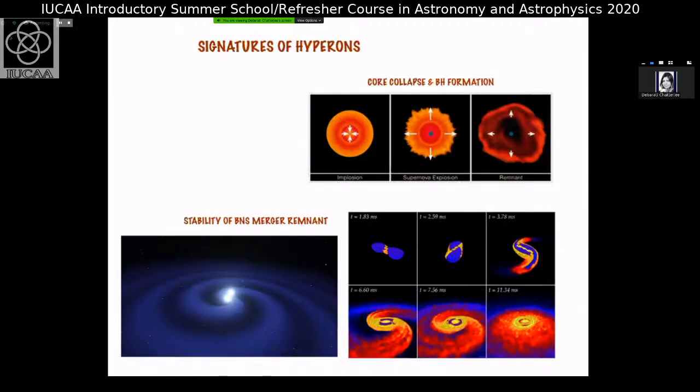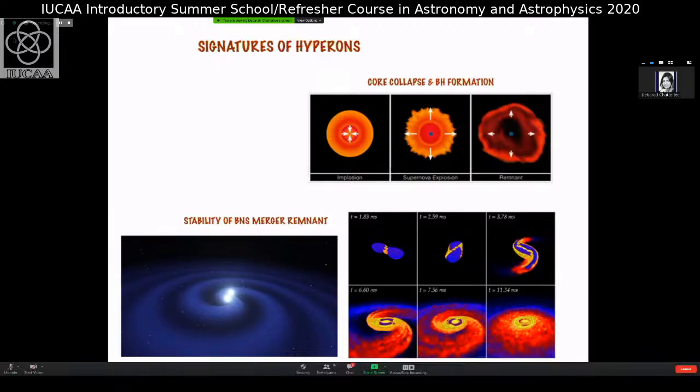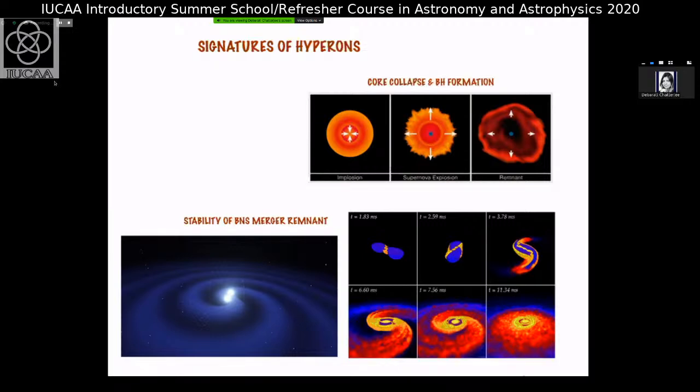There are also other signatures of hyperons. For example, they would control core collapse and black hole formation. Also, the remnant which is formed at the end of a binary neutron star merger, the stability of this remnant would also depend on the equation of state. So if you have hyperons, they would have a different stability and a different time of collapse with respect to a remnant containing nucleons only.